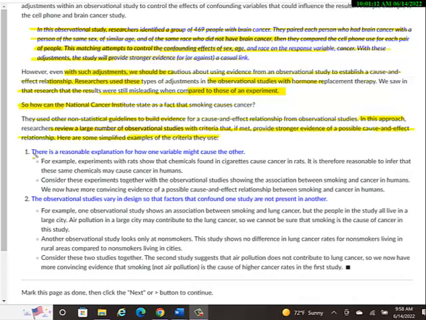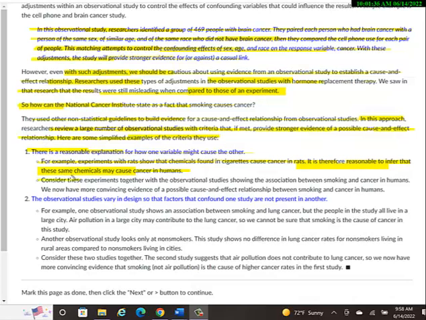The first one is, there is a reasonable explanation for how one variable might cause the other. So, for example, experiments with rats show that chemicals found in cigarettes cause cancer in rats. Depending on your viewpoint, that might be unethical as well, because you're making rats breathe in cigarette smoke. It's therefore reasonable to infer that these same chemicals may cause cancer in humans.